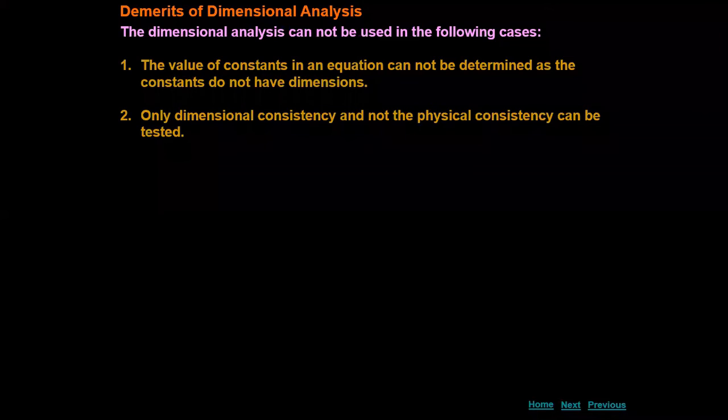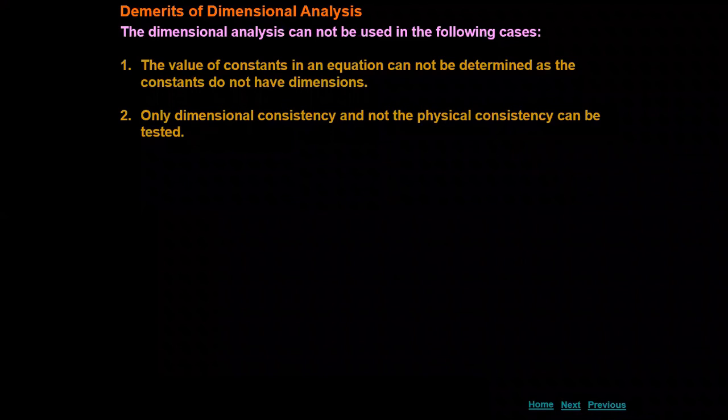So dimensional consistency and physical consistency cannot both be tested exactly. The equation will be dimensionally correct even by changing the constant or the sign, but it may not be physically consistent. So this is also one more demerit.